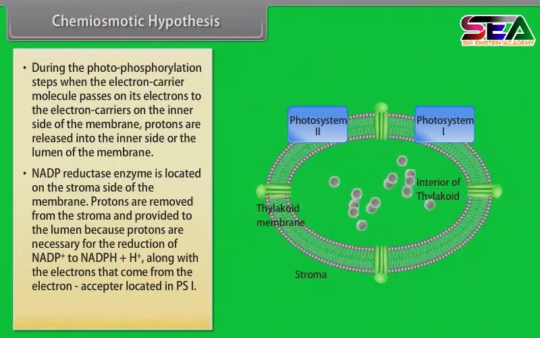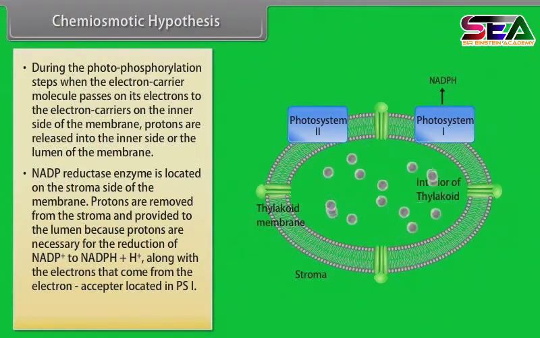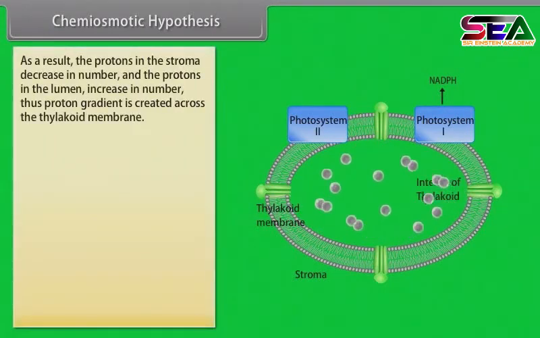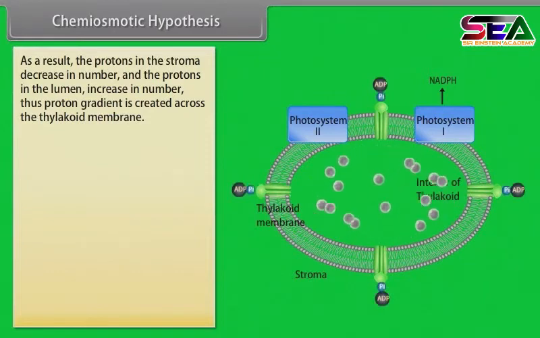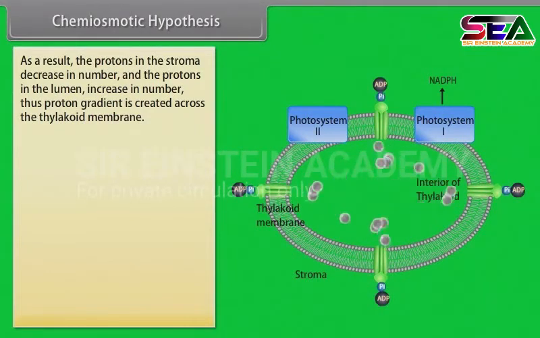Protons are removed from the stroma and provided to the lumen because protons are necessary for the reduction of NADP+ to NADPH plus H+, along with the electrons that come from the electron acceptor located in PS1. As a result, the protons in the stroma decrease in number and the protons in the lumen increase in number. Thus, proton gradient is created across the thylakoid membrane.